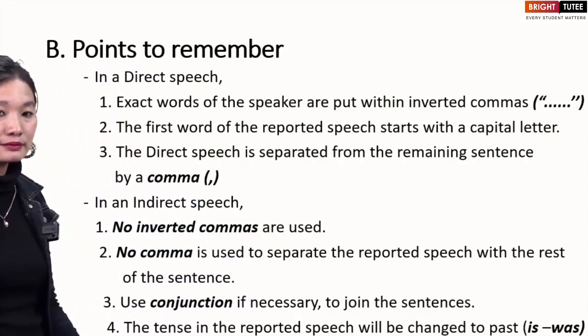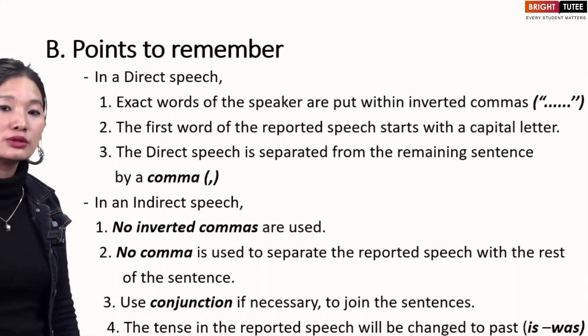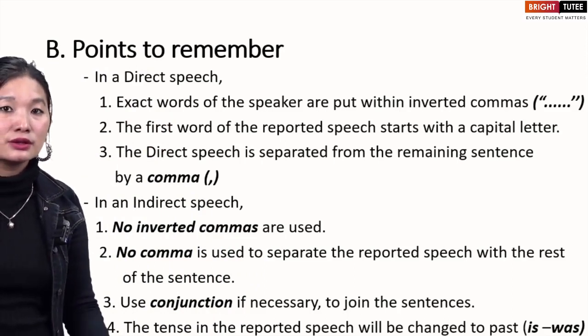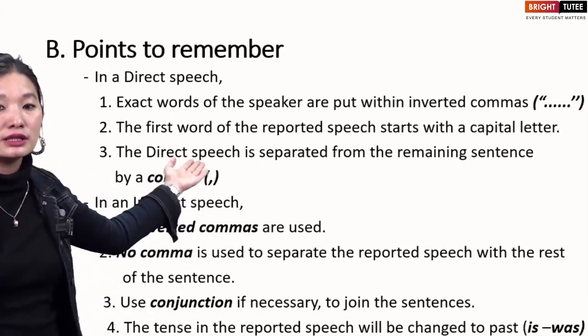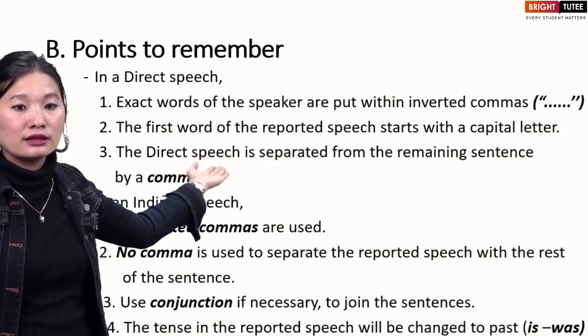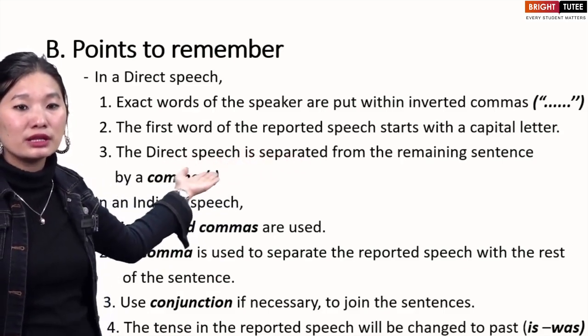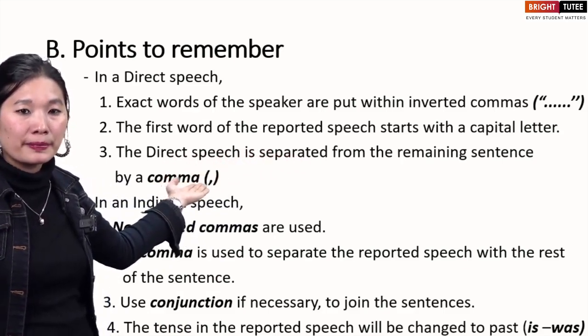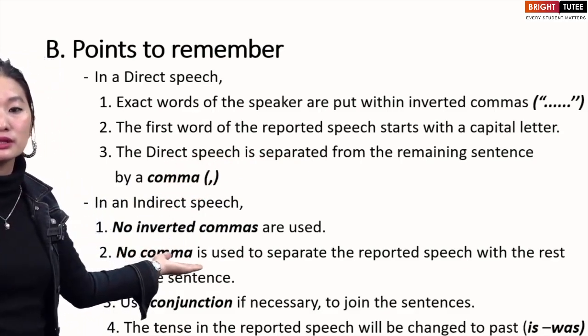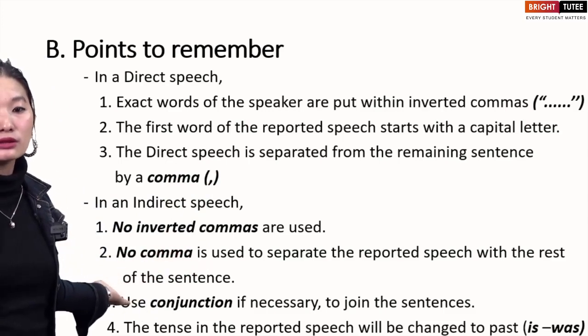Okay? No comma is used to separate the reported speech from the rest of the sentence. Like the previous one, in direct speech the speech is separated from the remaining sentence by a comma, but in an indirect speech, no comma is used.